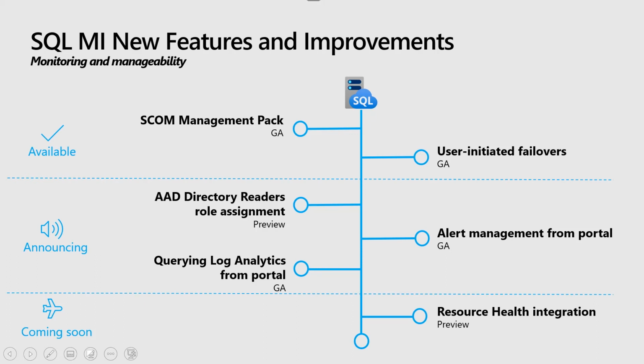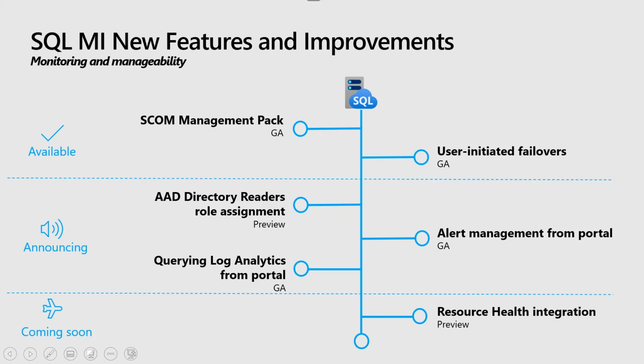Last week, we introduced support for AAD directory readers role assignment for managed instance. This is a huge relief, especially for large enterprises with very strict separation of duty policies. I will talk more about that also in a moment.